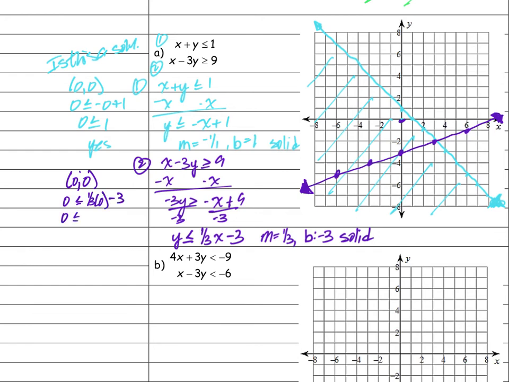So 0 is less than or equal to -3. 0 less than or equal to -3. No. So that means I shade in the side that doesn't contain that point, and where they both, ooh, so sorry, where they both overlap is here.